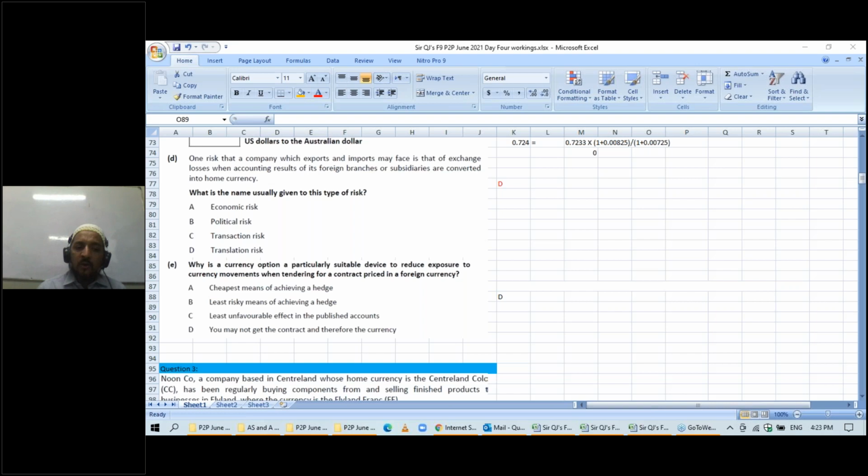So this cannot be the most suitable one. What's the question asking? Why is a currency option a particularly suitable device? They are asking what could be the most suitable one, right? So I've given you the most suitable answer here. The word was important there. Okay.